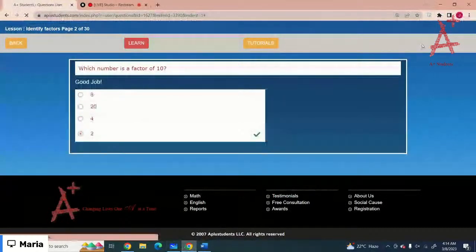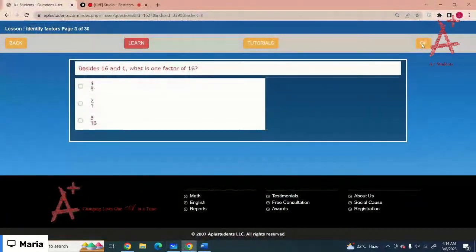Okay, the next one is: besides 16 and 1, what is one factor of 16? Other than 16 and 1, what are the factors of 16? 4, 8, 2, 1, 8, 16. Which is the correct option?